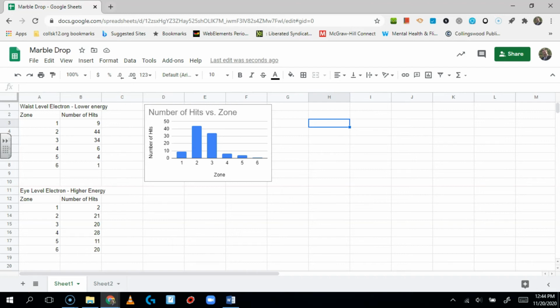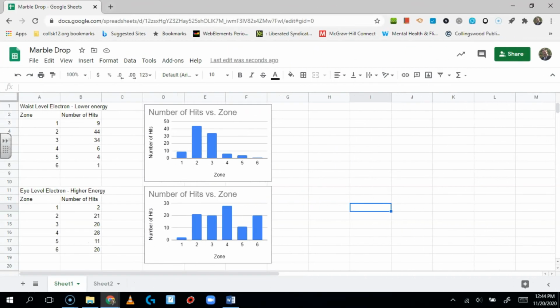So now for the second graph, you'll see that yes, the chances of it being close to the bullseye have gone down, but notice that it's now spread out over more zones, to zone 2, 3, 4, 5, and 6. So what this does is it simulates how an electron moves.